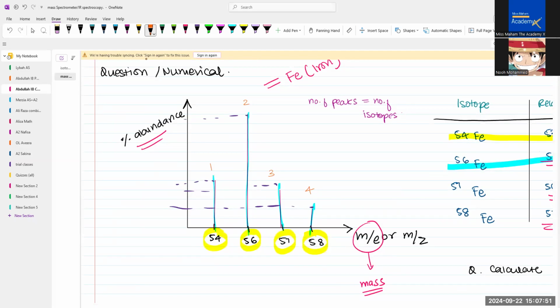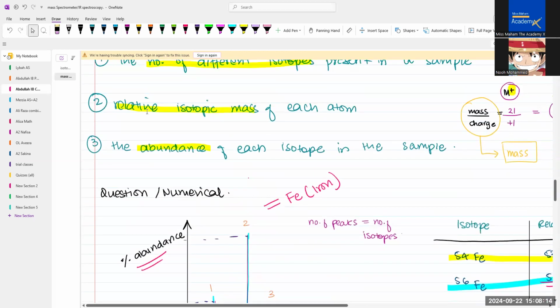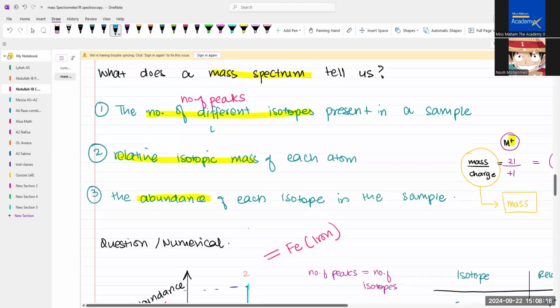And if I want to know the isotopic masses of these 4 isotopes, I can just read the mass to charge ratio. So I can say the first isotope is iron 54. Then I can say the second isotope is iron 56. Third one is iron 57. And the fourth one is iron 58, right? So we can know the number of different isotopes, we can know the relative isotopic mass of each atom, and we can know the abundance of each isotope in the sample.